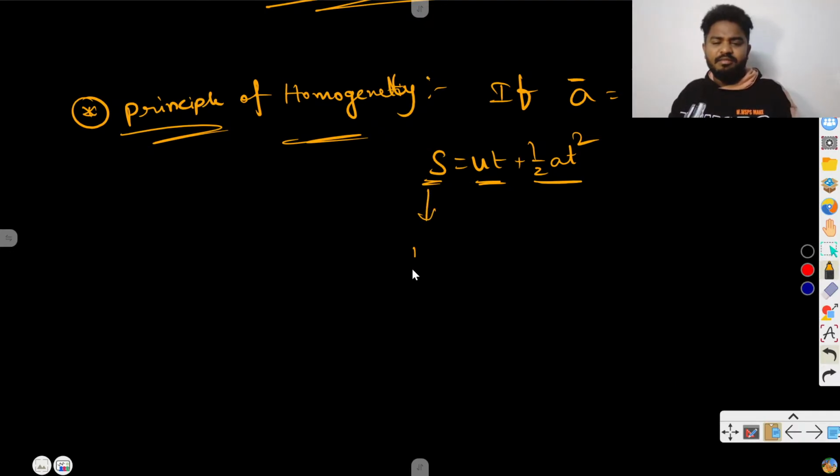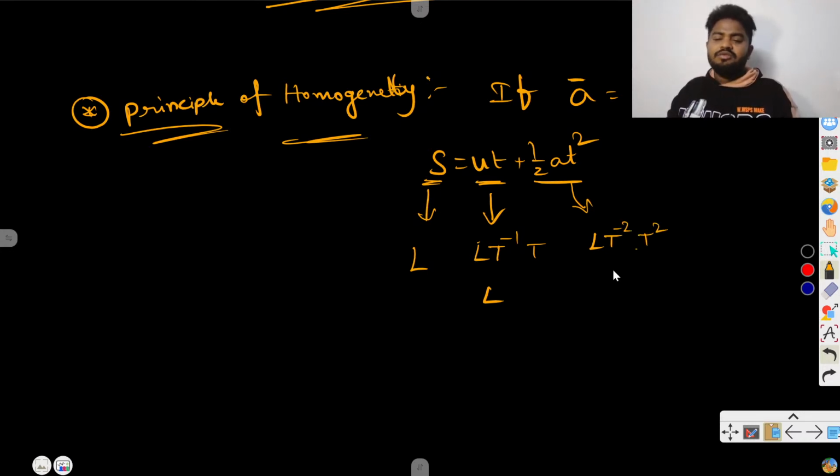Let us try to find out. S is length, right? For length the dimensional formula is L. For ut, u is initial velocity. For initial velocity the dimension formula is L t power minus 1, and for time it is t. Then the t cancels and only L is the dimension formula. Coming to this part, acceleration is L t to the power minus 2 and t square. So what happened?